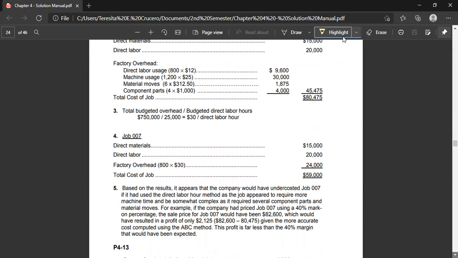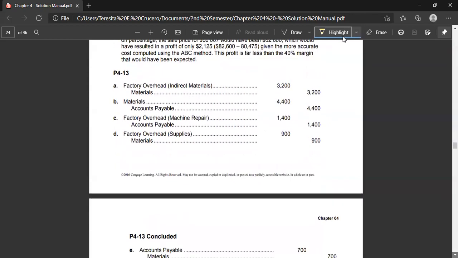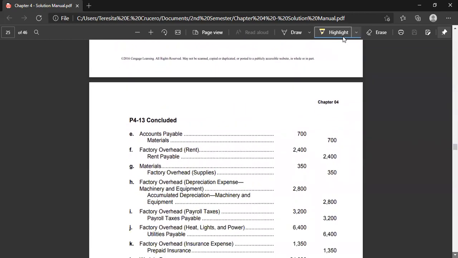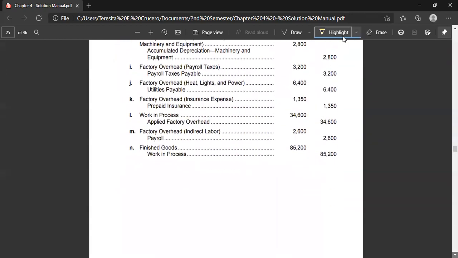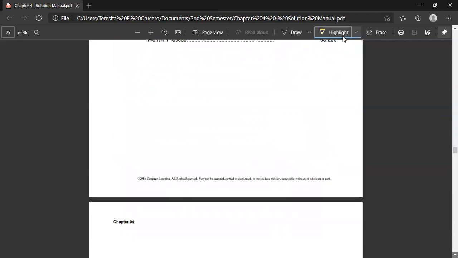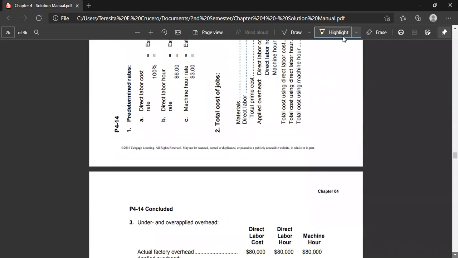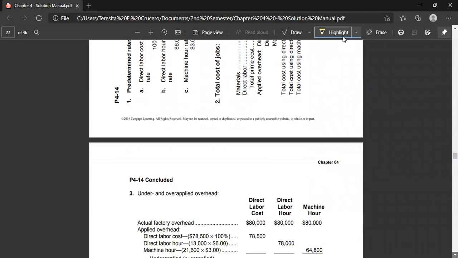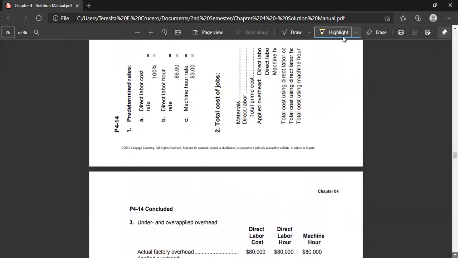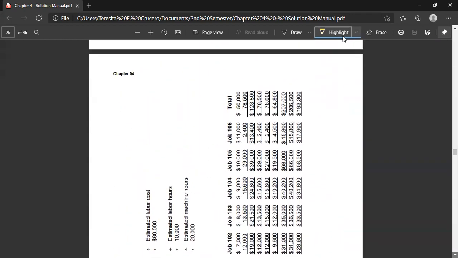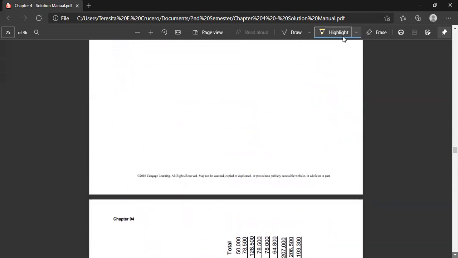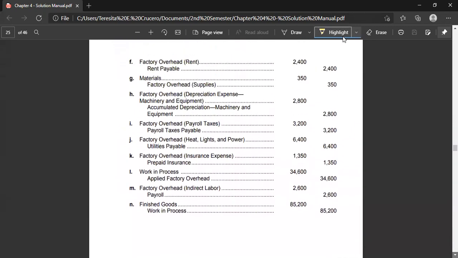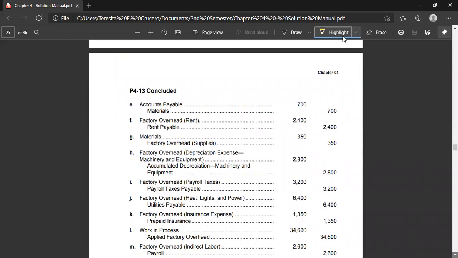Next, after problem number 12, we have problem number 13. Problem 13 requires only journal entries. Record the previous transactions.